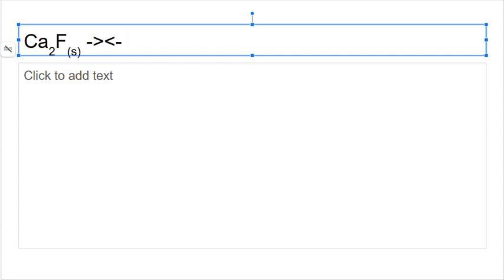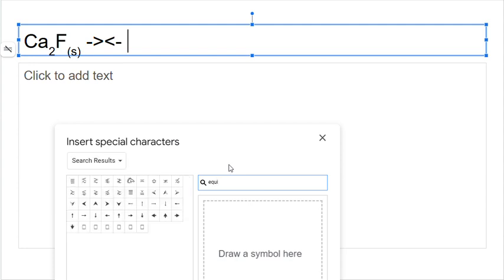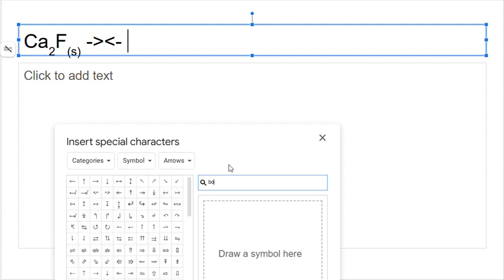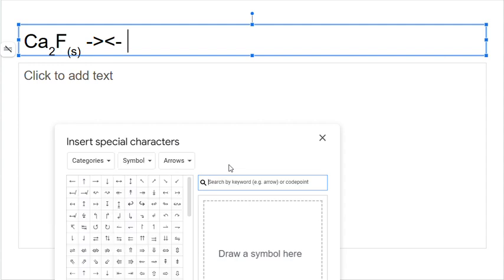My OCD is kicking in here. Let's see if we can find the character for equilibrium. There it is. I don't know what this character is called, but there we go.